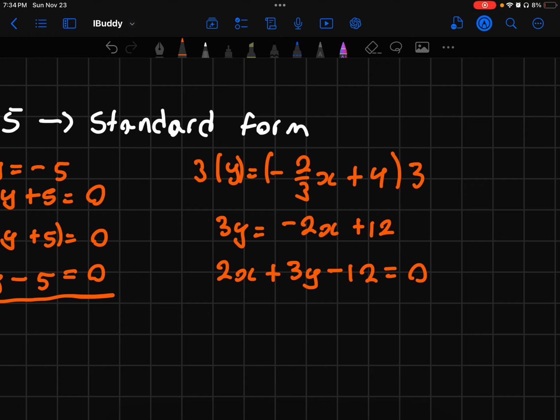As we can see here, let's check if it follows all the rules. The a value is positive. That's right. There are no fractions in the equation. That's right. And a, b, and c are all integers. That's also right. So we know that this is correct and that this is a proper standard form equation.